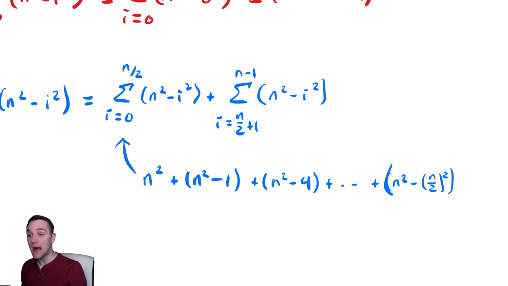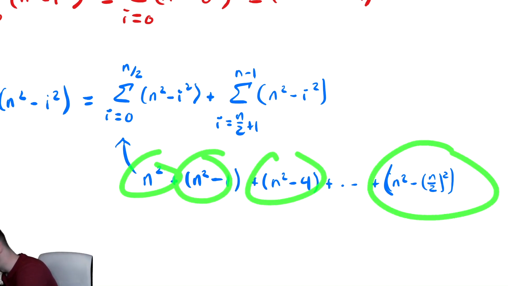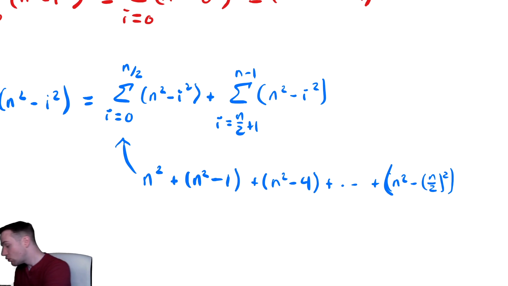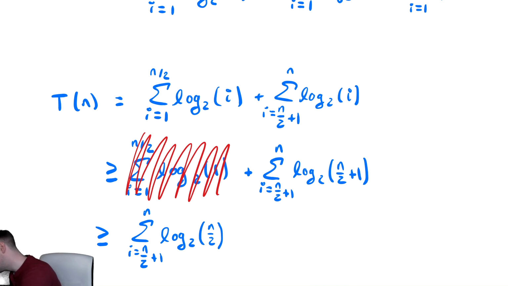So to bound this below, I cannot plug in the bottom bound as we did for our log example we saw in the past. However, each term is definitely bigger than the final term, which is the smallest because it's subtracting the largest value. A similar thing holds for the second summation. So, just like we did when we bounded below for that log example, we are going to remove one of these summations. In the log example, what we did is we dropped the first summation.